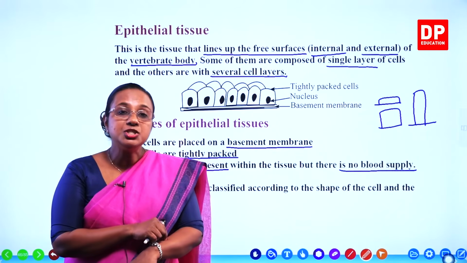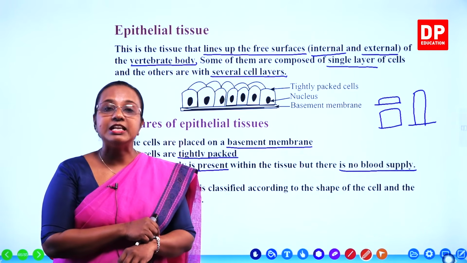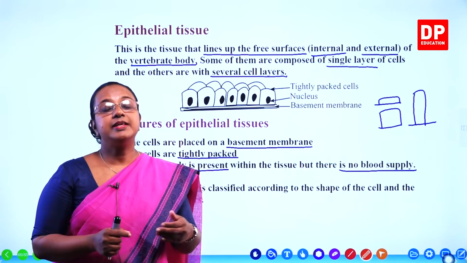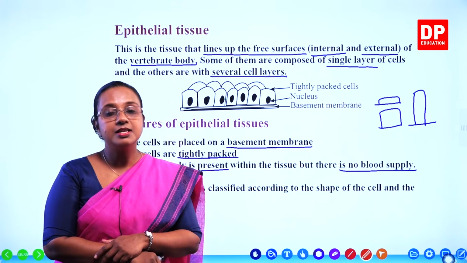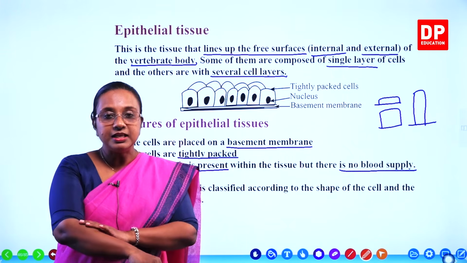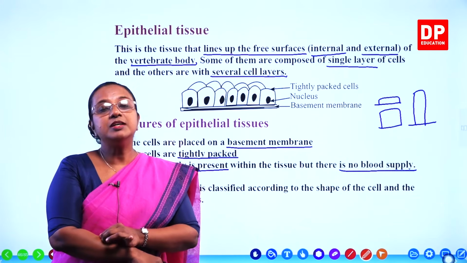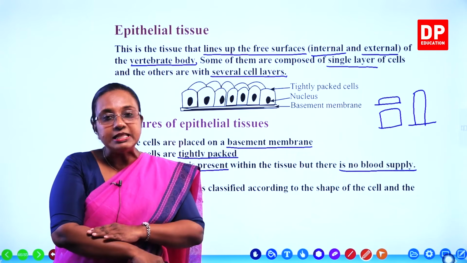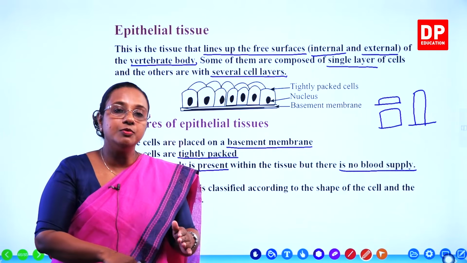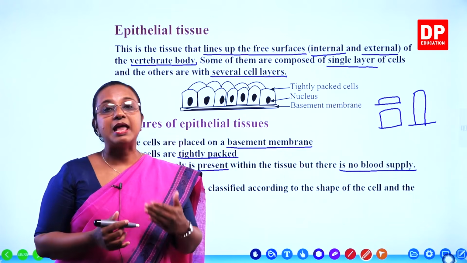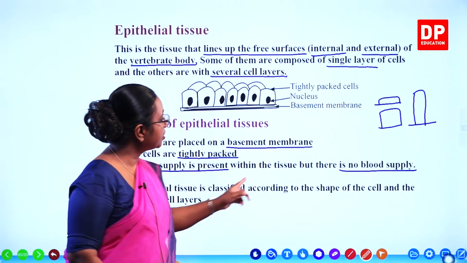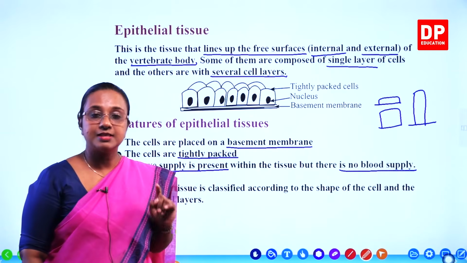So if you pinch yourself, you can feel the pain. That is because there is nerve supply. But if there is just a rubbing of the tissue, and only the outermost layer is removed, you won't see blood coming because there is no blood supply.